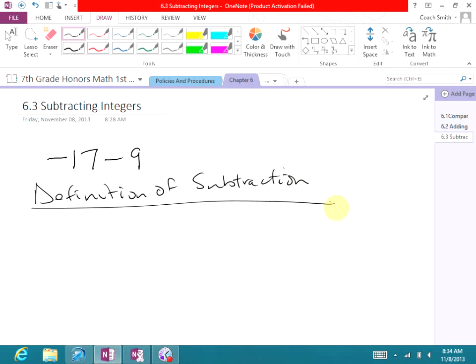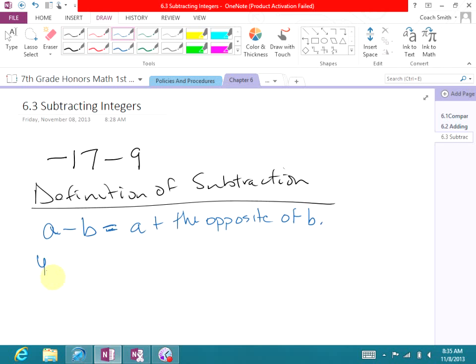The rule is basically this. I'll put it in letter form and then I'll use that as an example. A minus B is equivalent to A plus the opposite of B. So basically what we're saying is you'll no longer have subtraction problems.